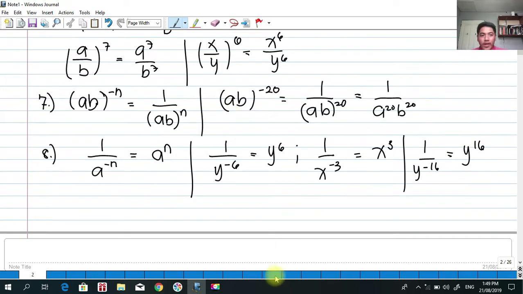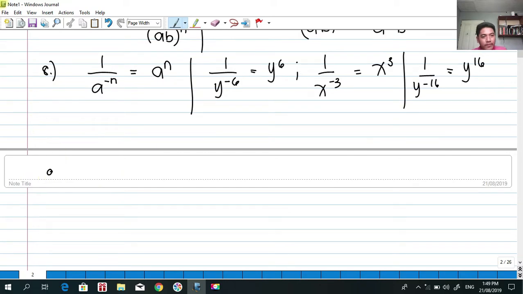Another property we have here is number 9. We have a raised to a negative exponent over b raised to a negative exponent. From our knowledge, we need to eliminate the negative exponents, so we get the reciprocal of each. What will happen? B raised to m over a raised to n.